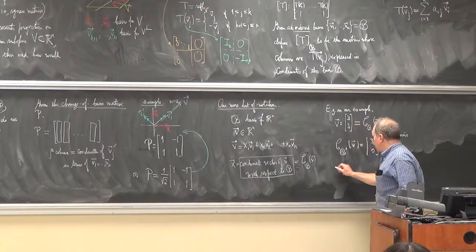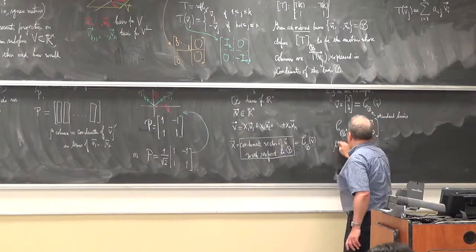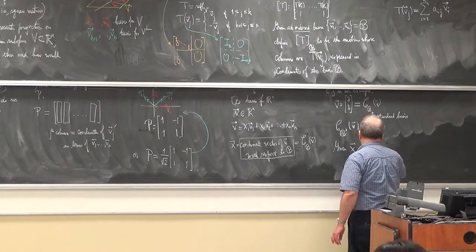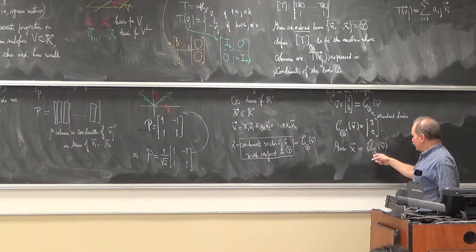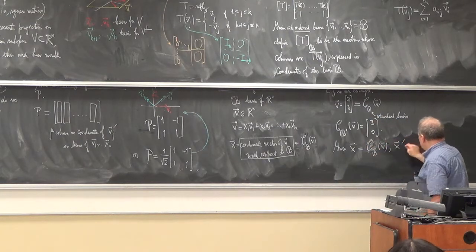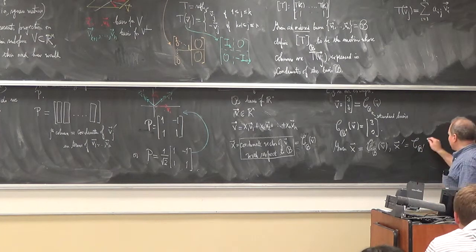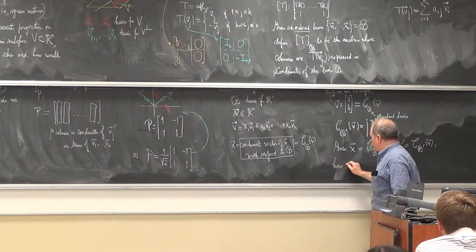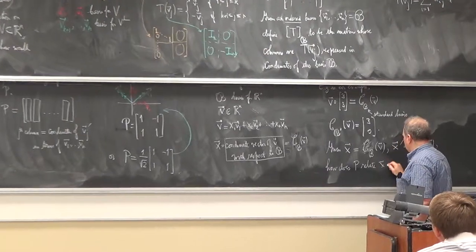So, given x, which is the coordinate vector, now I'm not using the script, of V in the basis script B, and x prime, which is the coordinates in the script B prime coordinate system, how does P relate x and x prime?